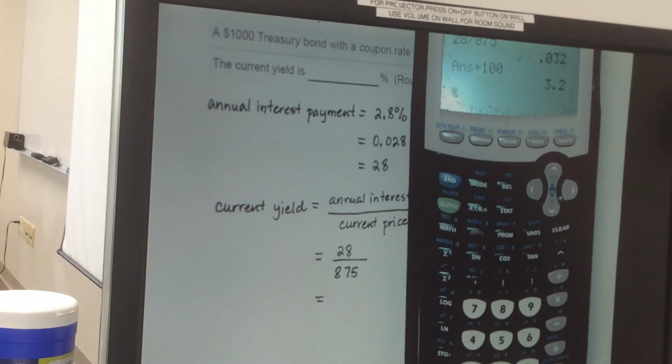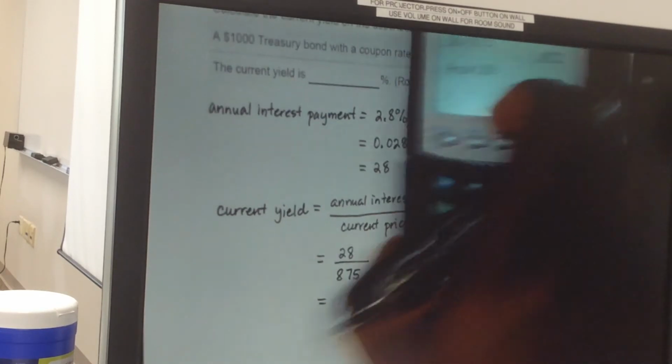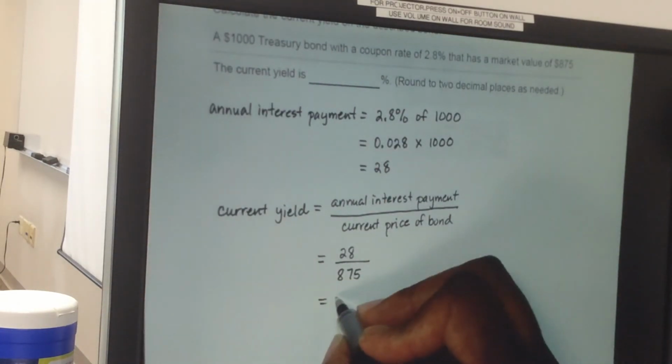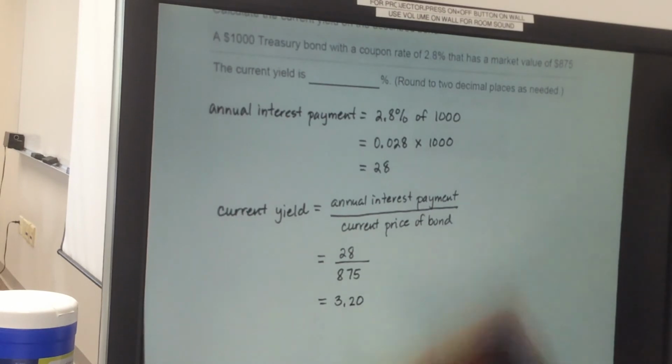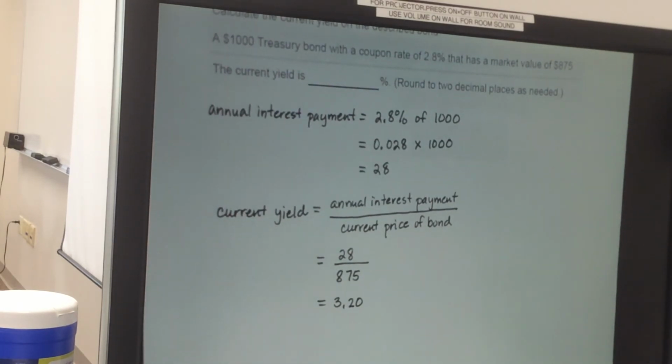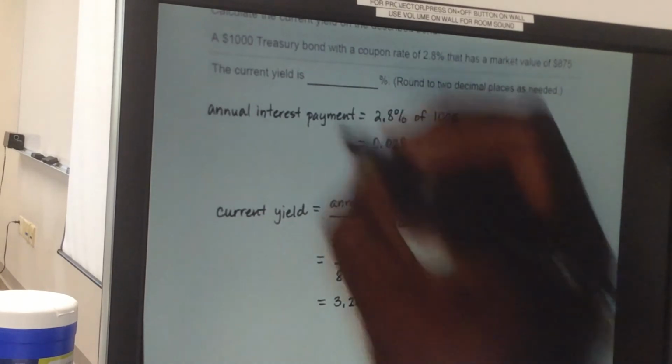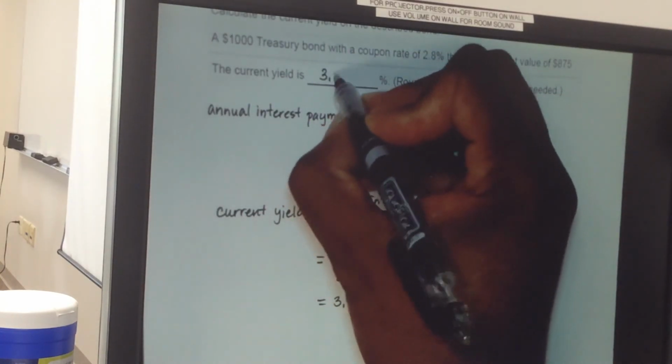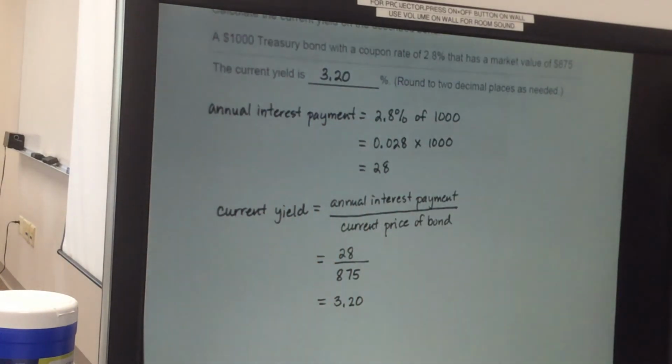So this will end up being 3.2%. And if they wanted two decimal places, that means we have to add a zero behind it in this case, so 3.20% would be the current yield for this situation.